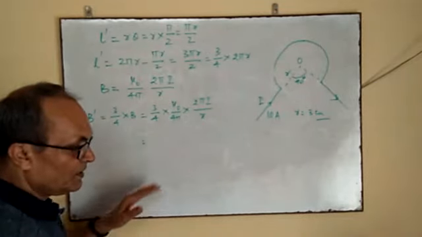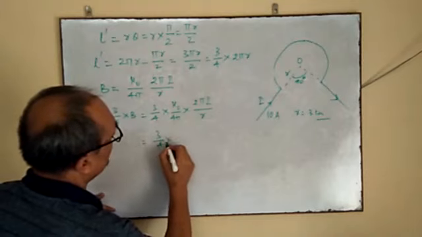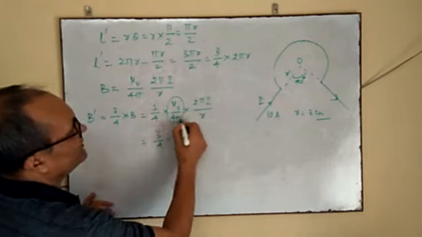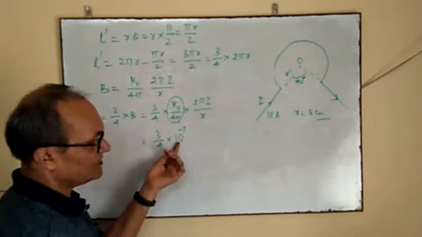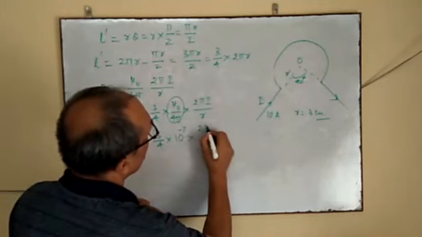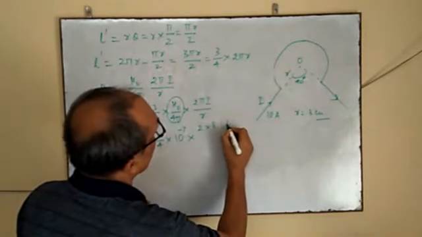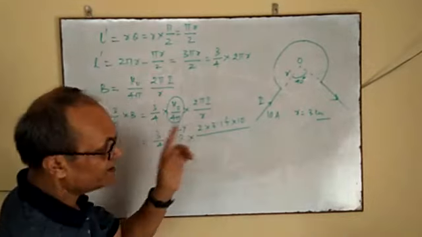Now putting in the values, 3 by 4 into, and its value is 7.5, 10 to the power minus 7, into 2 into 3.14 into 10 ampere, by its radius.